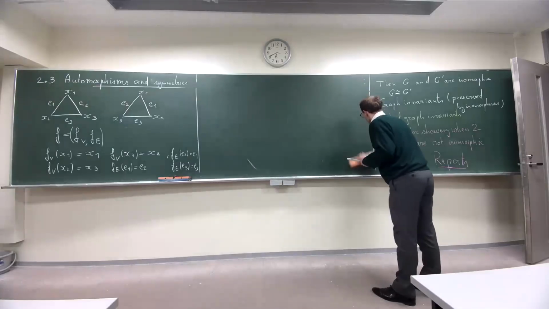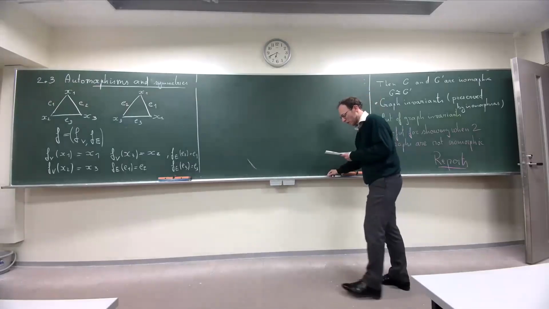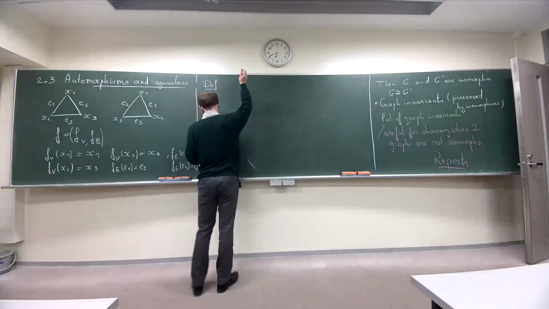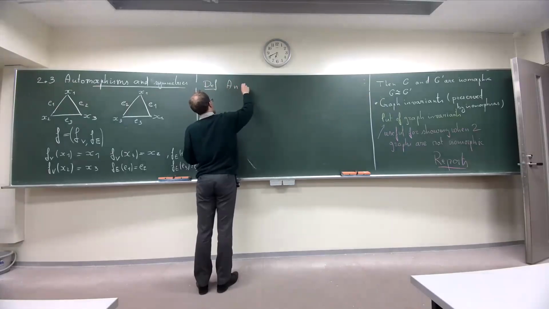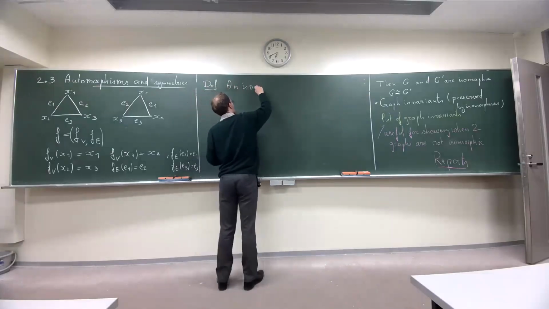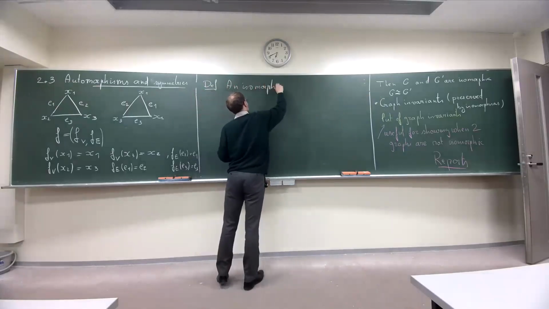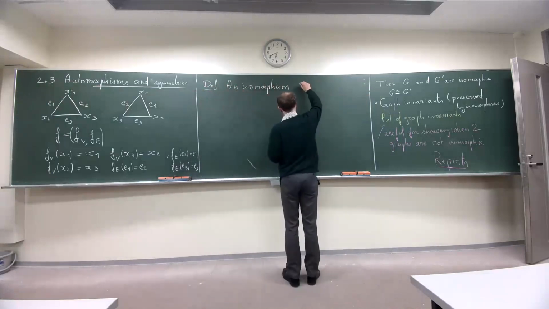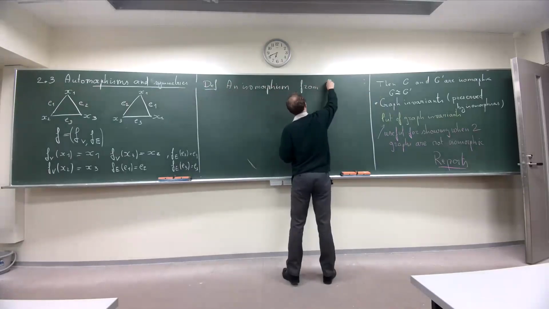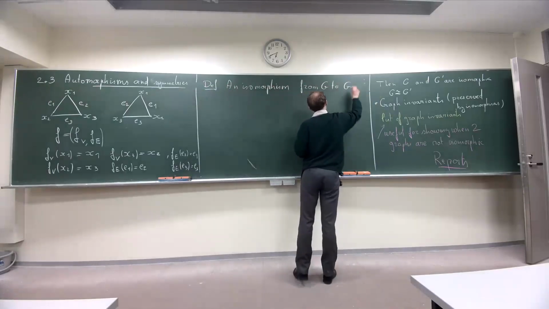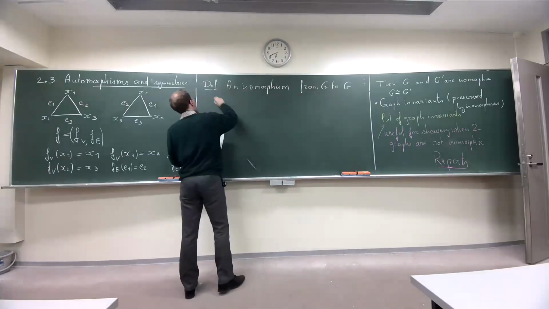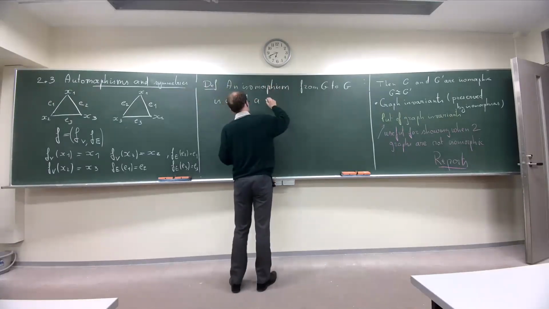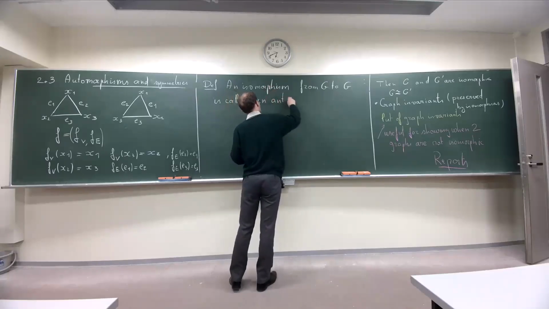So what is the definition of an automorphism? An isomorphism, what I have described here, an isomorphism from G to G is called an automorphism.